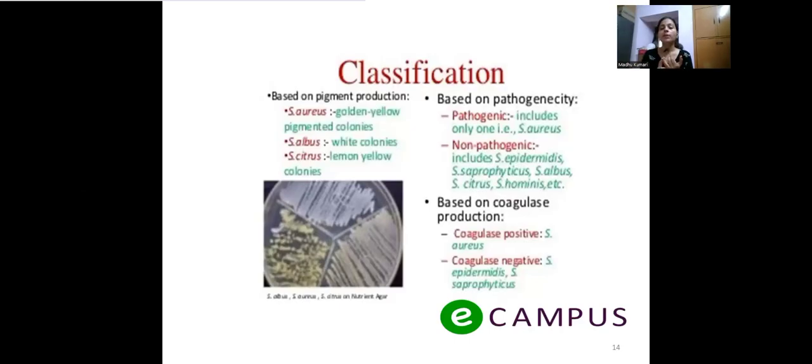Gram-positive bacteria have a thick peptidoglycan layer, which is why they retain the stain, whereas gram-negative bacteria have a thin peptidoglycan layer, which is why they do not retain the gram stain. That is why they appear pink in color, and gram-positive bacteria appear violet in color. The gram-positive bacteria are classified into two types according to their shape: cocci and bacillus.